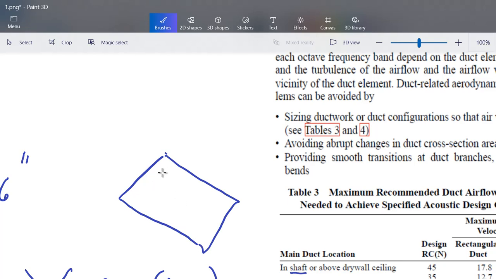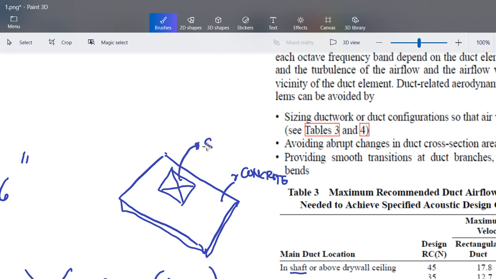Then usually ang sinasabing shaft is yung butas. Okay, so other construction makikita mo yan. So this is the flooring. Okay, flooring yan. So you have your slab or concrete. So this is concrete. So usually yung sinasabi lang shaft ay ito yun, yung butas, shaft.